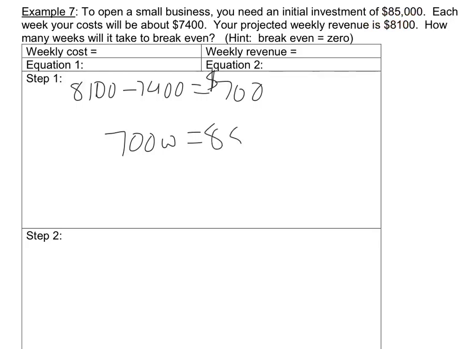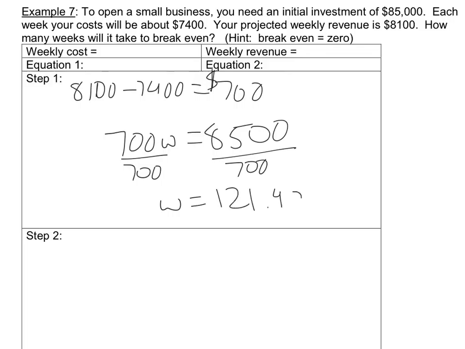So it equals $85,000 divided by the 700. You get W equals 121.428571. Well, but now they need the number of weeks, so it's past the 121st week. It doesn't matter that it's a 4. The final answer would be 122 weeks. Okay?